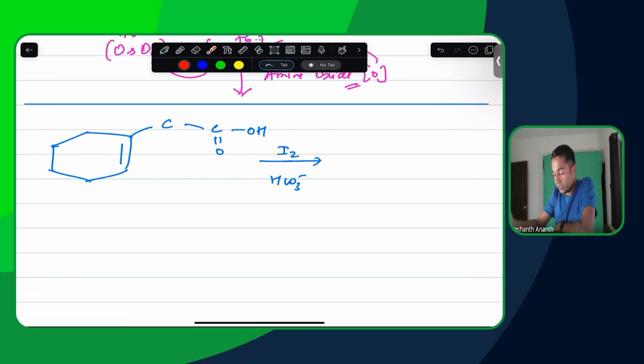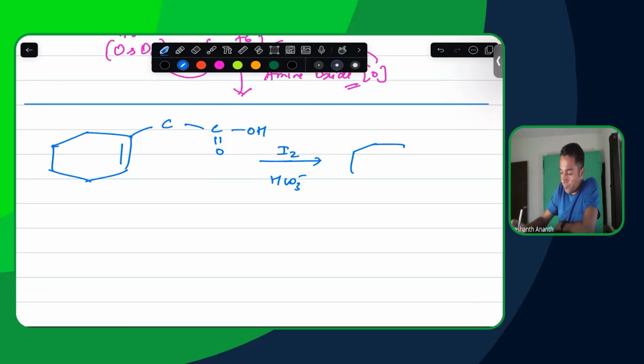It will become H2CO3 and then get out as H2O and CO2. I will have this guy now, and this fellow is attacked by I2.